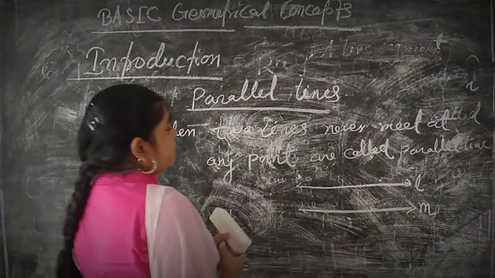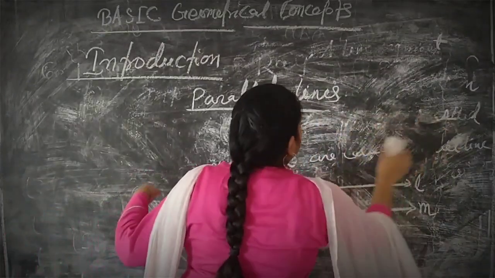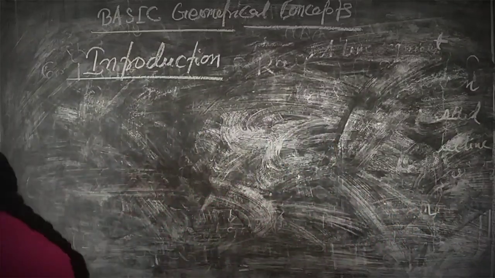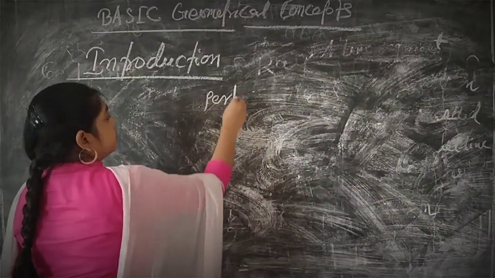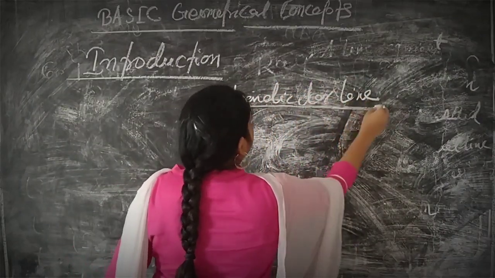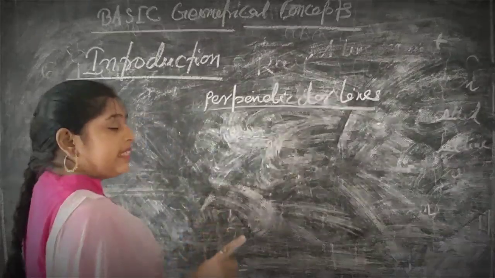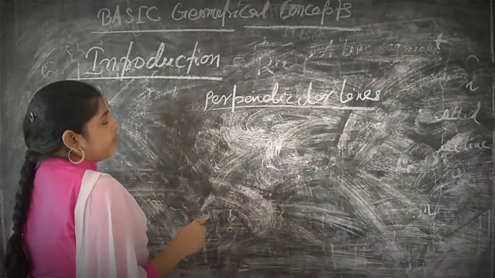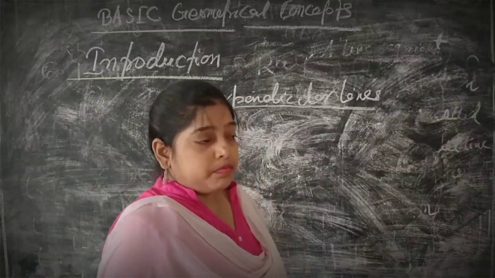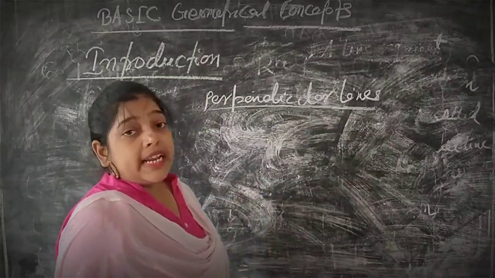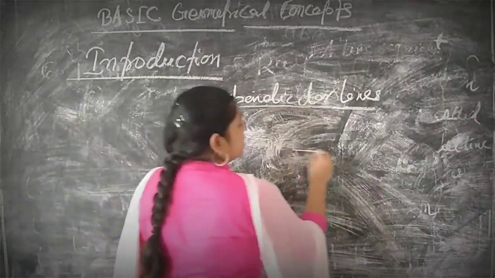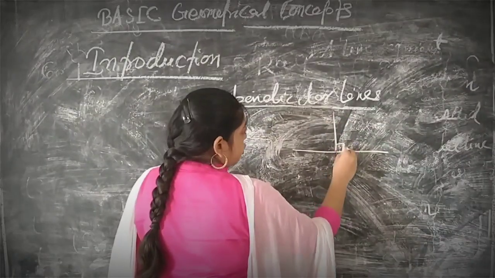So now we write the definition of the perpendicular lines. Perpendicular lines are also the same as intersecting lines. Look at this figure, this is called the perpendicular lines.